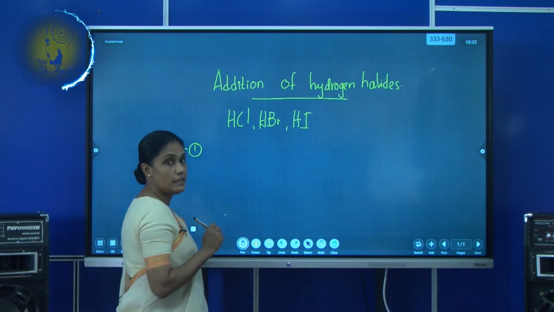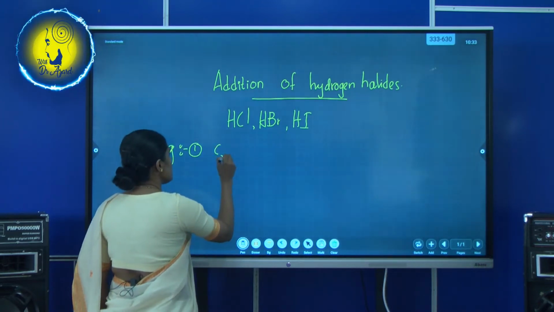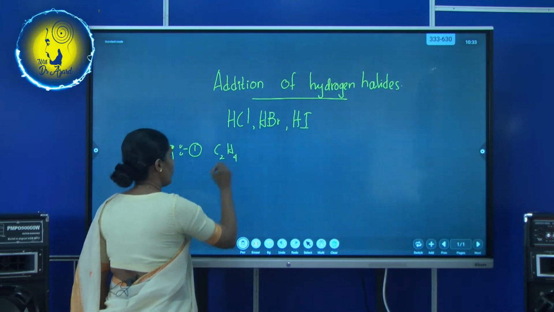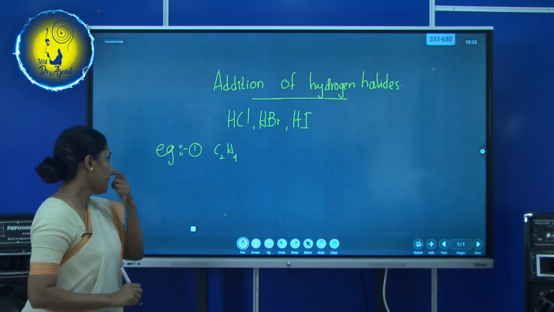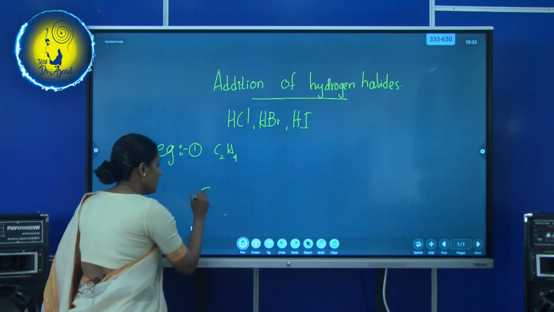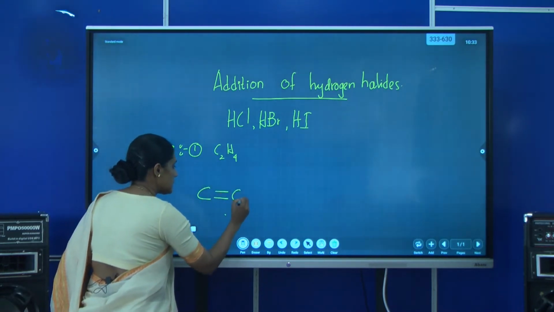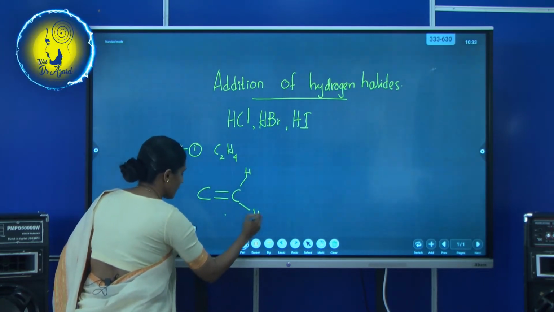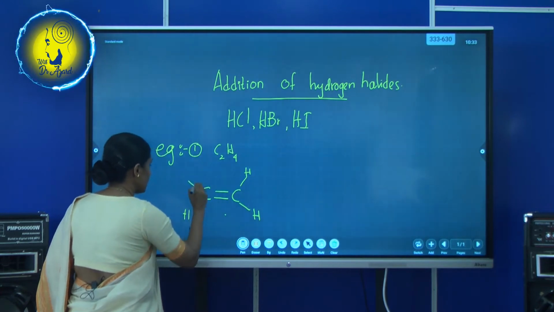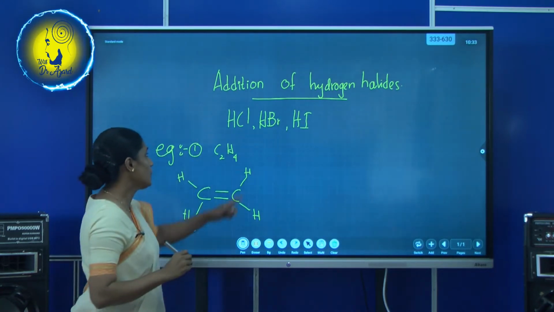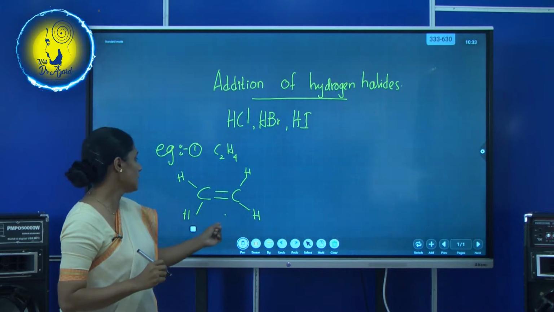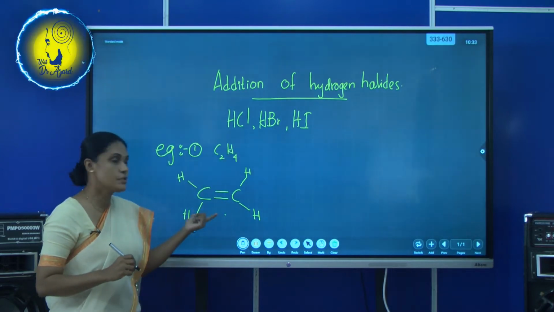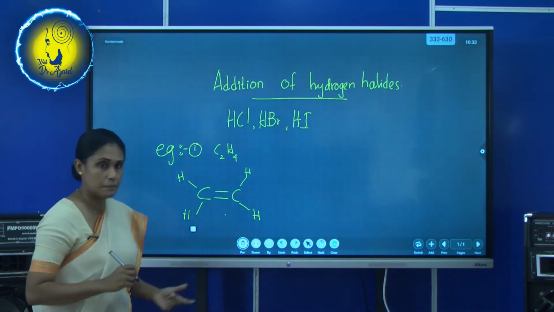How to write ethene? C2H4, right? Let me draw the displayed formula for this, right? And as I told you, I want to bond hydrogen halide to this alkene.